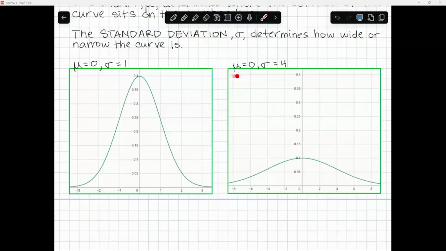Whereas a graph with the same mean but a standard deviation of 4 is much lower, down at 0.1 as opposed to a peak at 0.4. And it starts flattening out past 8. So it's much lower and it's much wider. Still a bell shape, still normal, but skinny or wide, left or right has to do with mean or standard deviation.